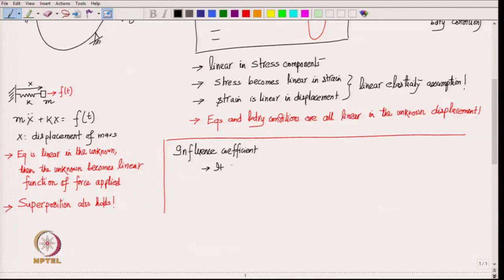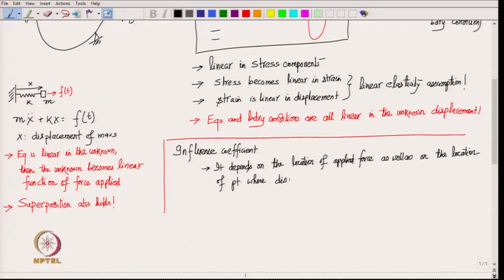So, it depends on the location of applied force as well as on the location of point where displacement is being measured.